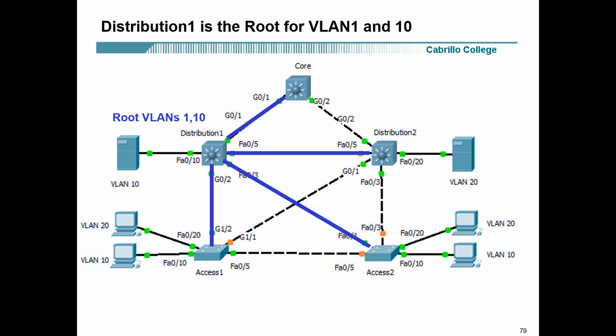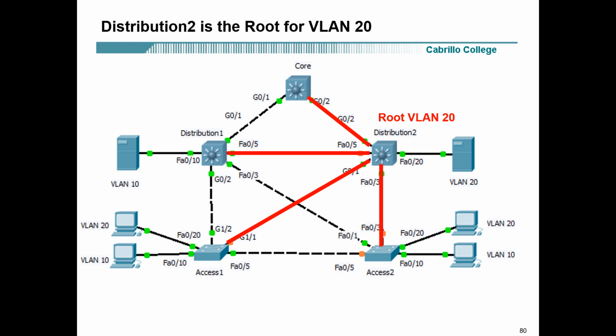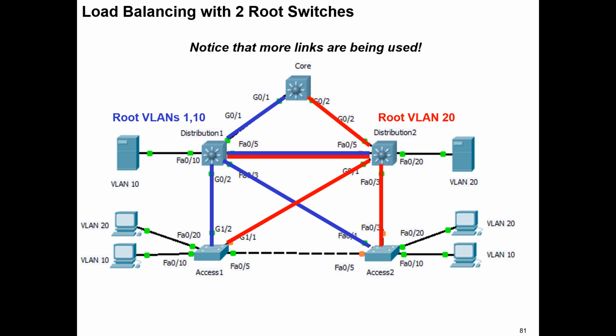So if we're doing distribution 1, if we set that for the root for VLANs 1 and 10, and if we set distribution 2 as the root for VLAN 20, it will load balance between the different VLANs. Notice that more links are being used, as opposed to having all of them managed.